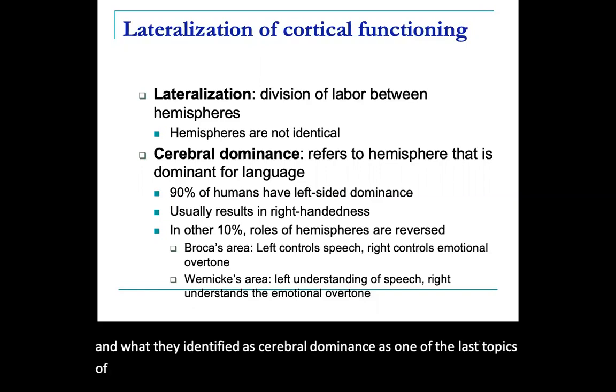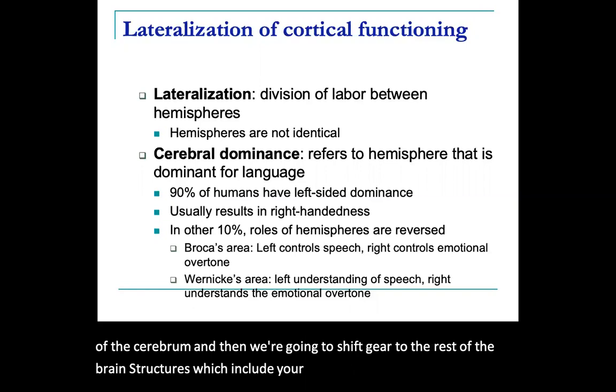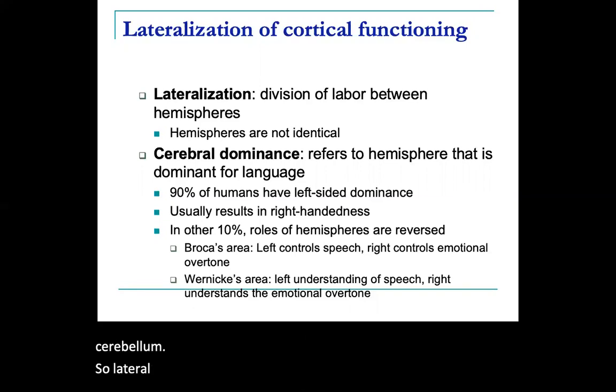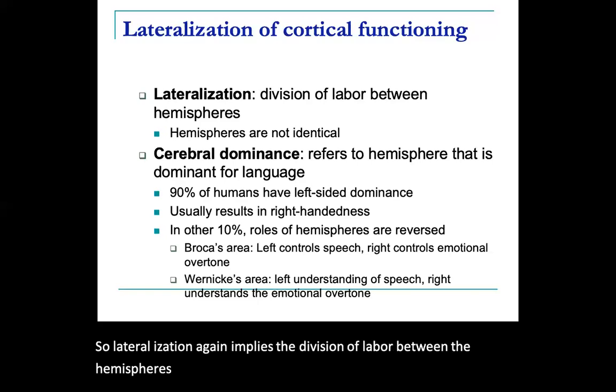And then we're going to shift gears to the rest of the brain structures, which include your diencephalon, brainstem, and cerebellum. So lateralization again implies the division of labor between the hemispheres, and what that means will become clear in just a minute.